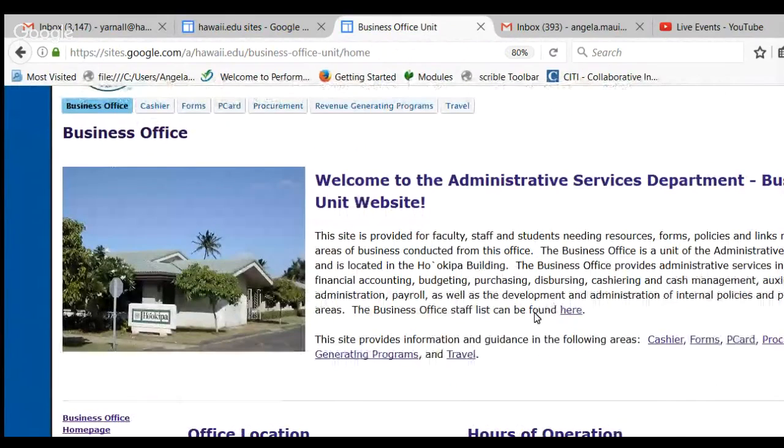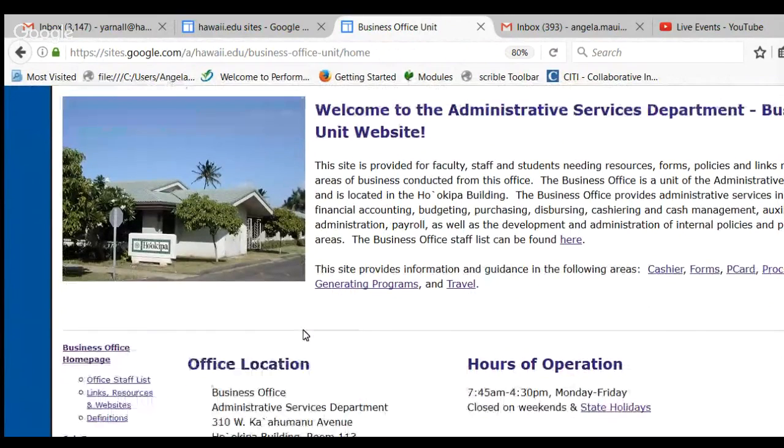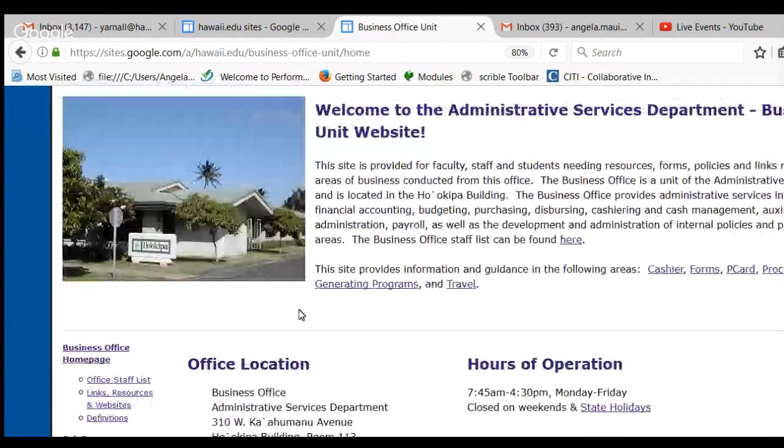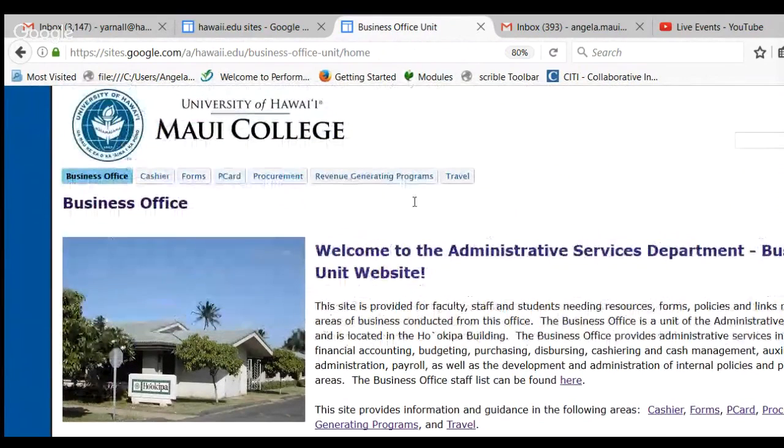At least a couple pictures, but not too much in each page. Would that be more helpful for you? Yeah. So what would you like to see more of? Pictures of where the departments are. For instance, the cashier window. What else?